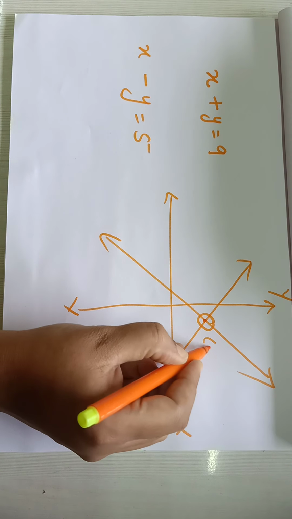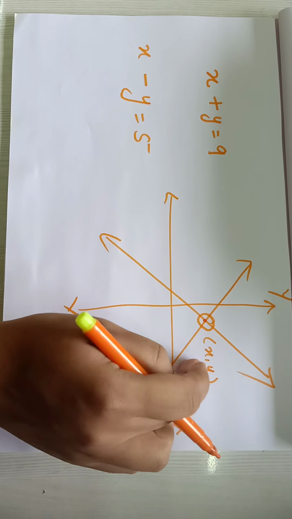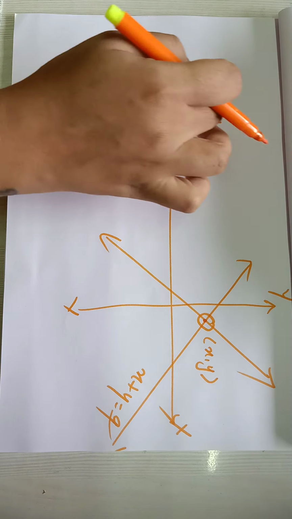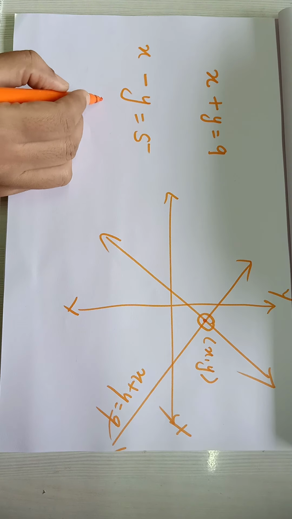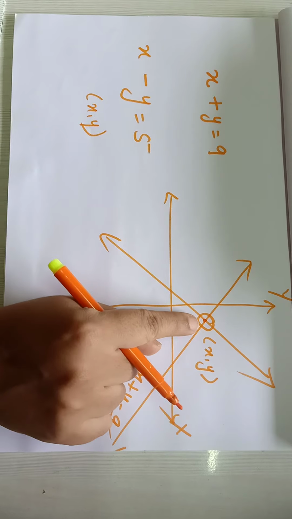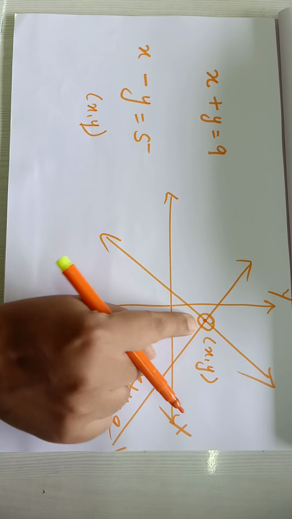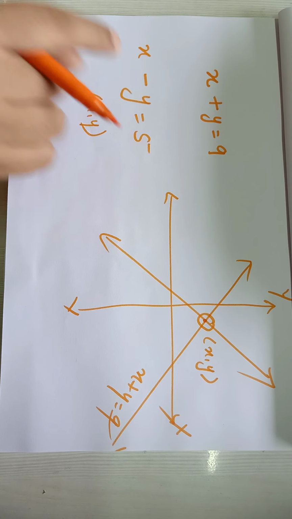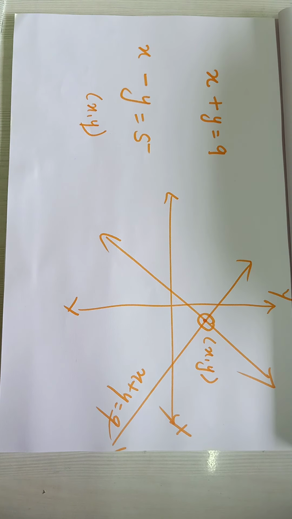That means this x and y is the solution of this simultaneous solving. When you solve this simultaneously, the x and y that you get after solving is the same x and y that you get graphically when they intersect. So equations as a pair can be solved simultaneously in two ways: one is on graph paper and second is by the methods that we learned in this lesson.